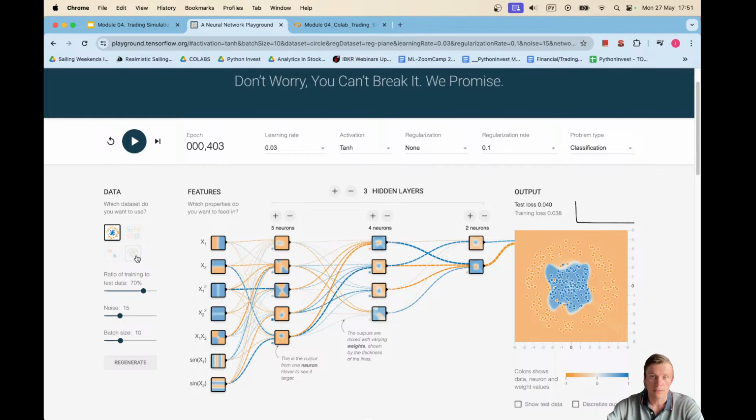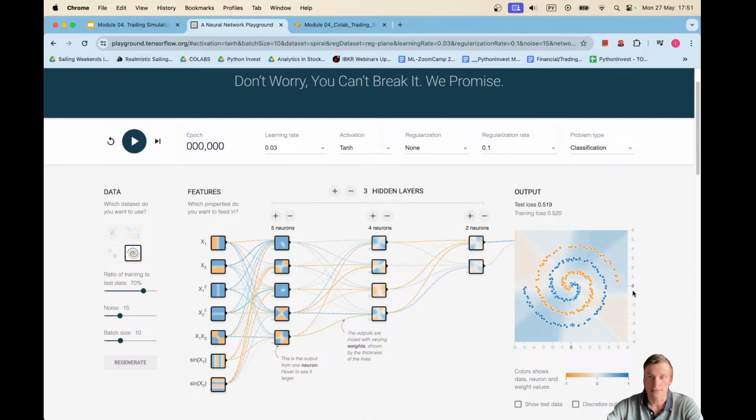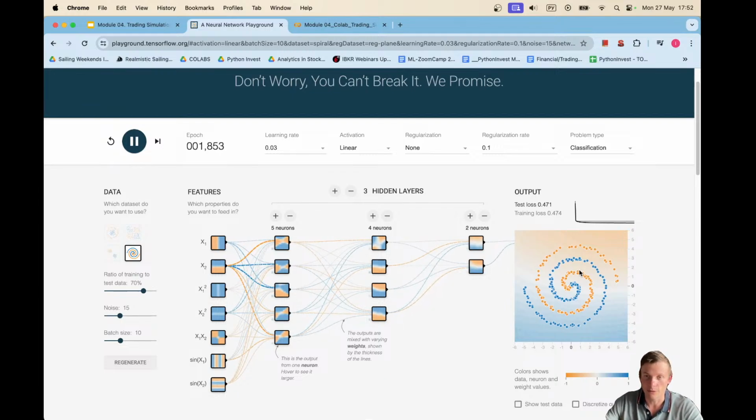Finally, if we have a data set like this and use some linear model, you can see that it won't converge, so it doesn't predict anything. We don't get correct orange and blue classes, just because the pattern of data is very complicated and non-linear, so you can't separate it with direct lines.